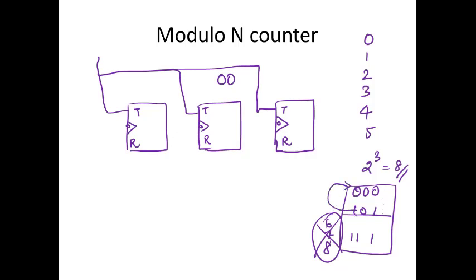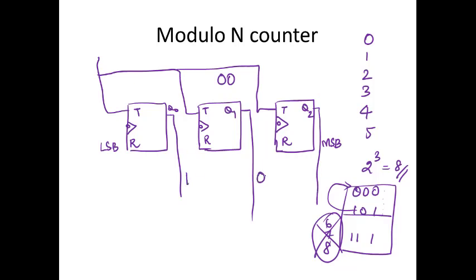So let me take a NAND gate. This is my Q0, this is LSB, this is my Q1, and this is going to be my Q2, the MSB. This is going to be 101, that will be the final state, am I right?